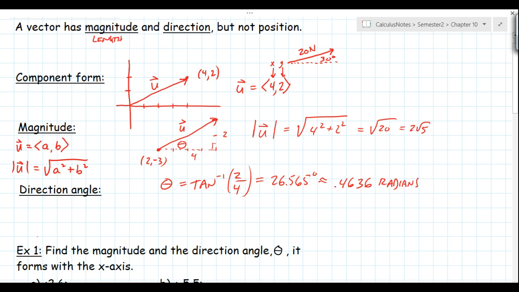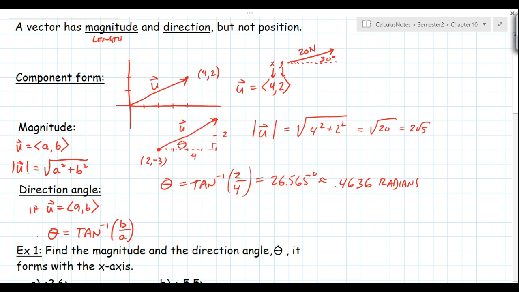In general, the direction angle is inverse tangent of the y value over the x value. So if u is equal to a comma b again, then its angle is the inverse tangent of b over a.